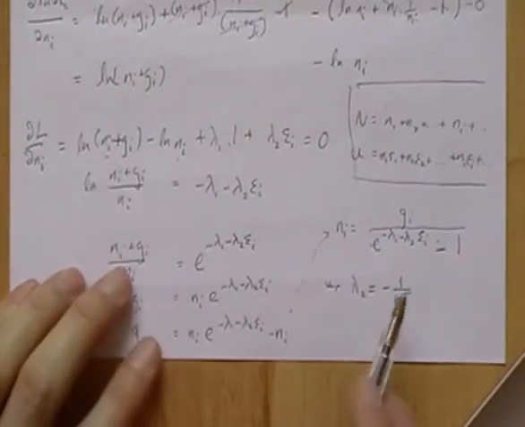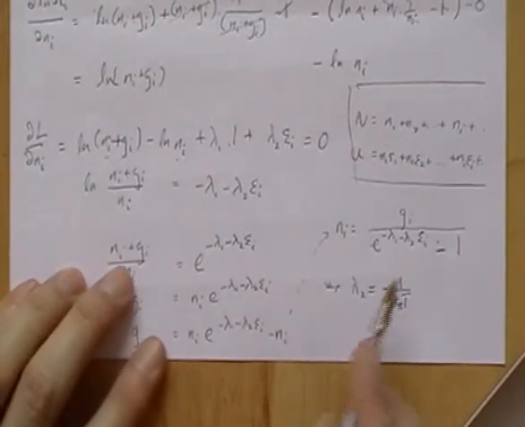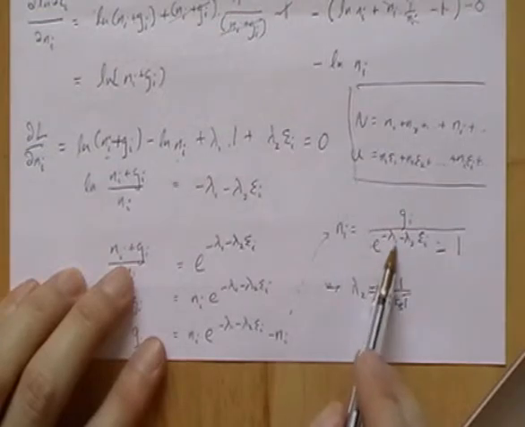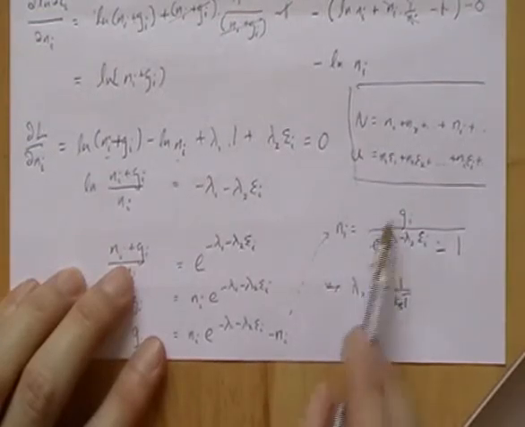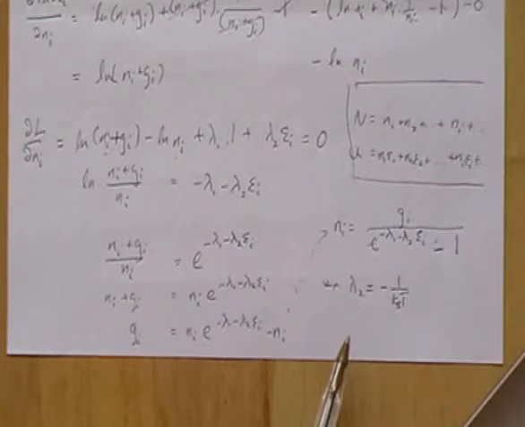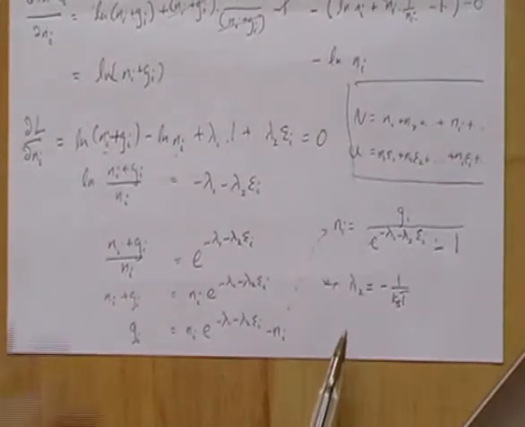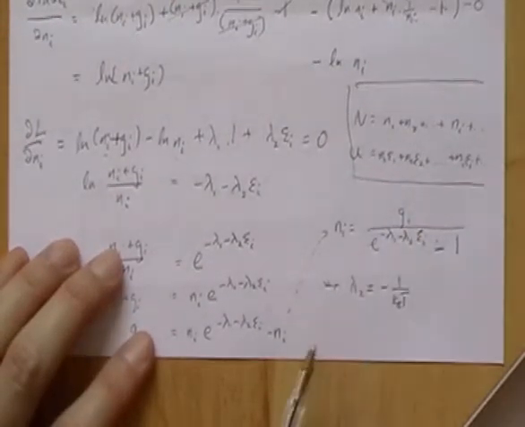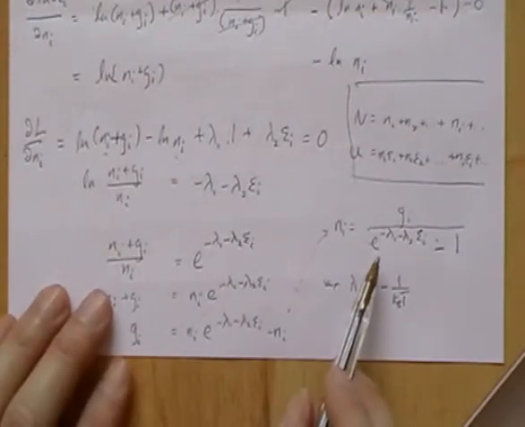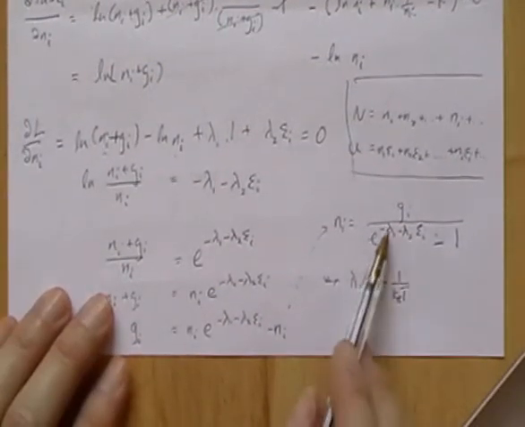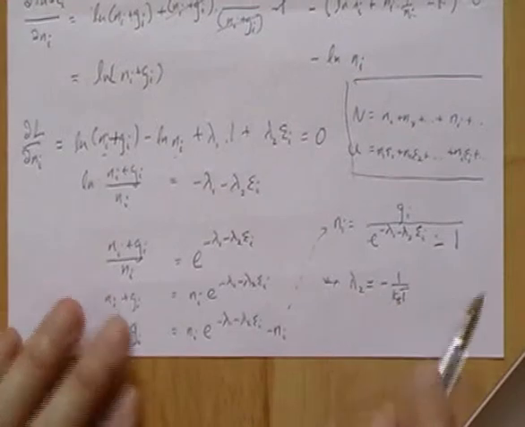And lambda 1 is a constant which we can solve in terms of the total number of particles in principle. Alright, lambda 1 is determined by the number of particles.